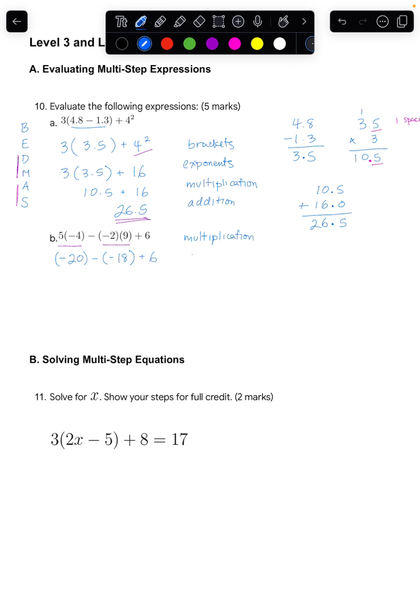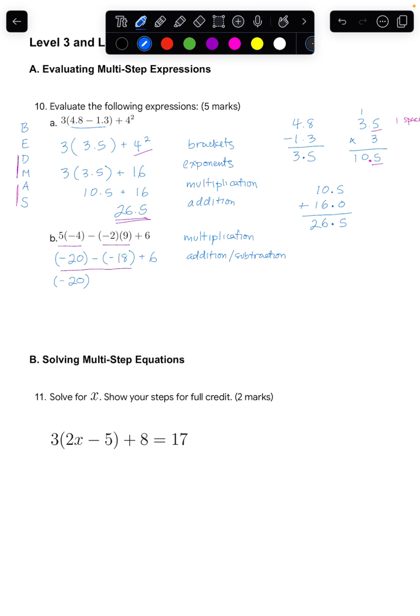Next, we have addition and subtraction. And we move left to right, starting with this negative 20 minus negative 18. Well, I like to turn everything to addition. Negative 20 minus negative 18, if we're subtracting a negative number, it's like adding that number. So we would have negative 20, and I'm going to just write this out so we all see it.